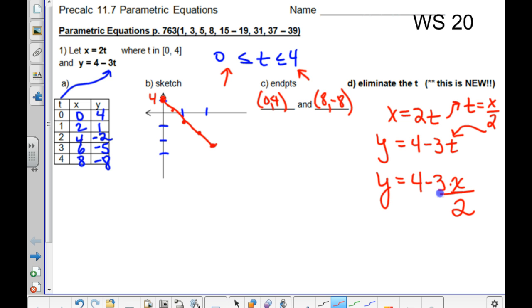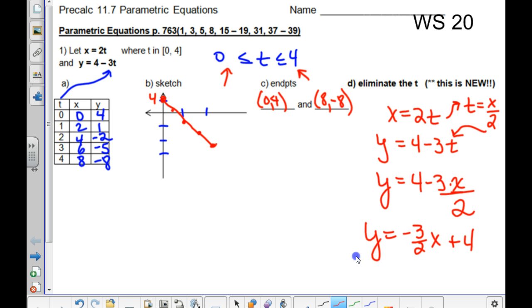Does that seem like it's a line whose slope is negative 3/2 x and there's positive 4? Does that look like what's going on over there? You can leave it written like this. I don't care. I just rewrote it so that you recognize it as the equation of a line.